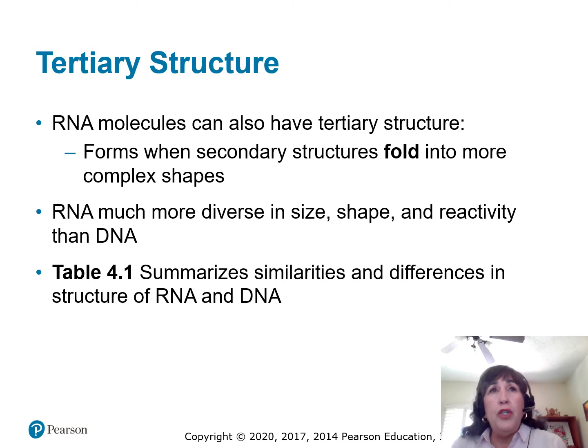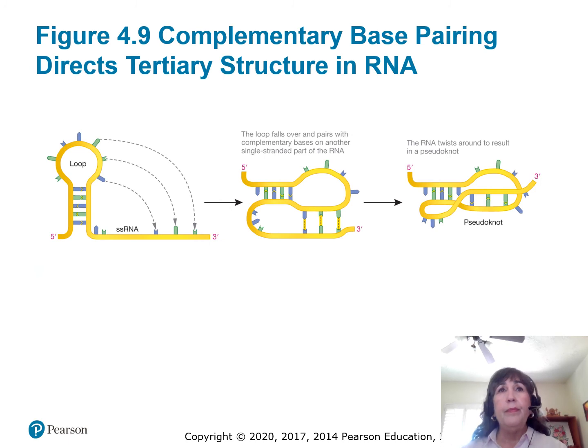There's also a tertiary structure to RNA. It can continue to fold on itself, and when it does, it can form diversity in size and shape and reactivity. One of the most classic tertiary structures is a molecule called transfer RNA.